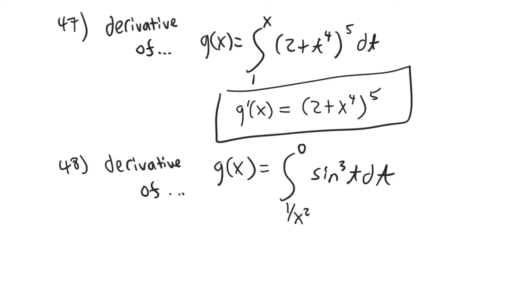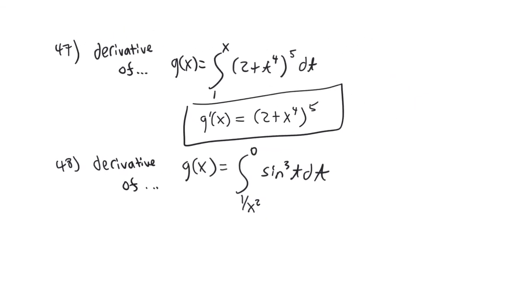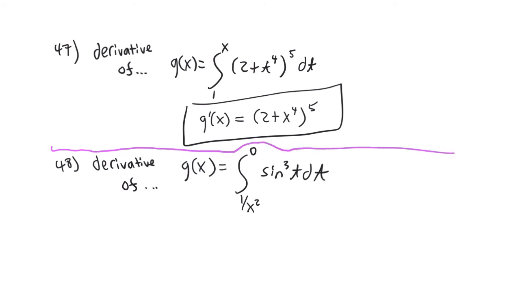Now, you might be wondering, well, what would have happened, still looking at problem number 47, if it was instead perhaps g of x equals the integral such that the lower bound was x and the upper bound was the constant 1.